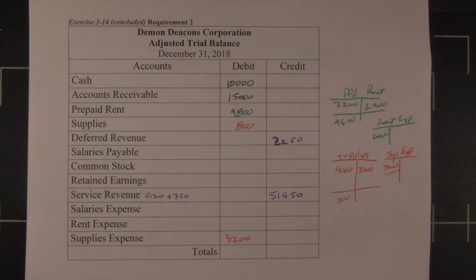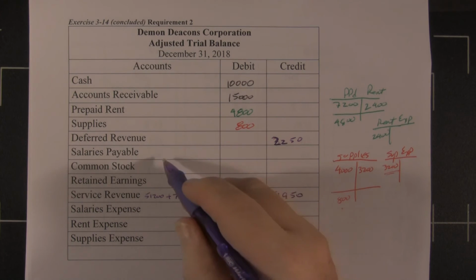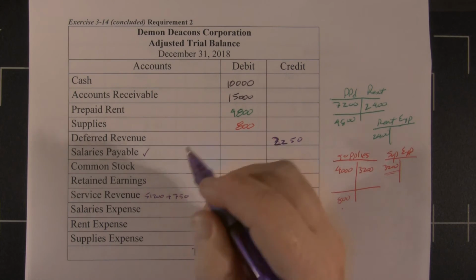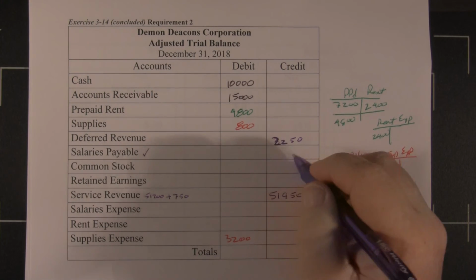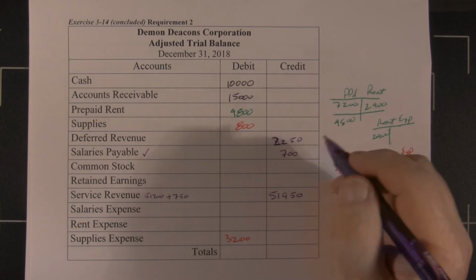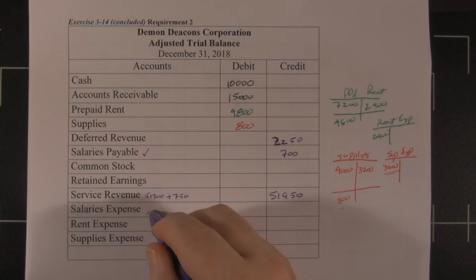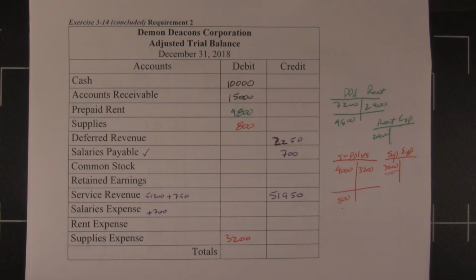Then we have our salaries payable, and on our unadjusted trial balance we don't have any salaries payable, we just have salaries expense, so we have to include salaries payable because we add that for the 4 days at the end of the year. And the salaries payable is $700. And we have to remember to add that down here to salary expense when we get there.